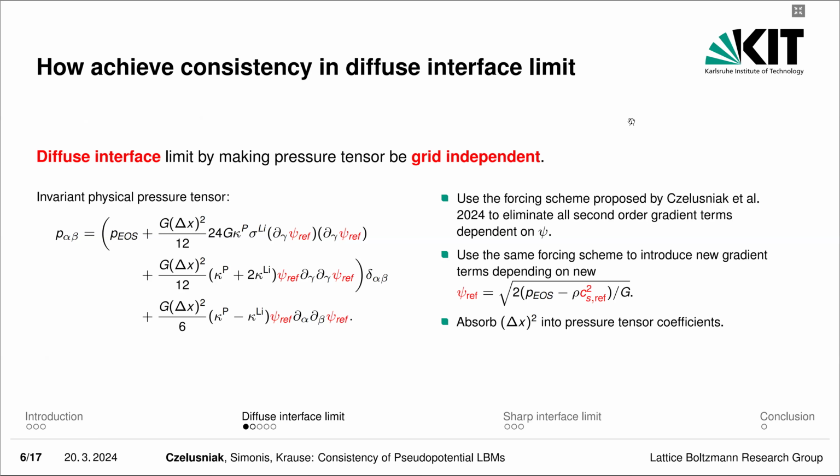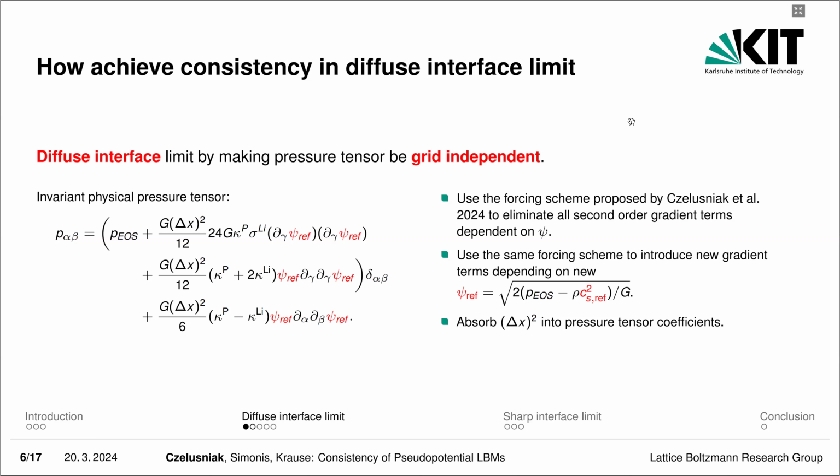I change it with each grid. So I change cs squared, not the cs squared that is the sound speed. This is just in the phi definition. But to do that numerically, I have to eliminate all the terms that have phi and replace them with this new phi ref.